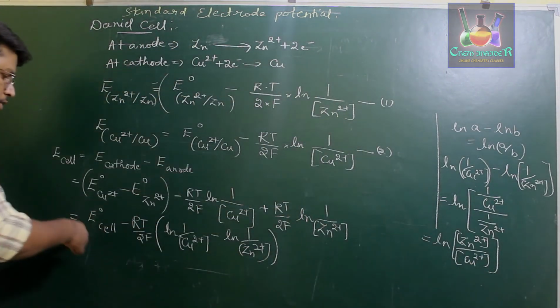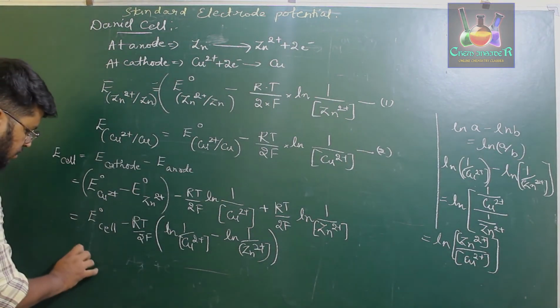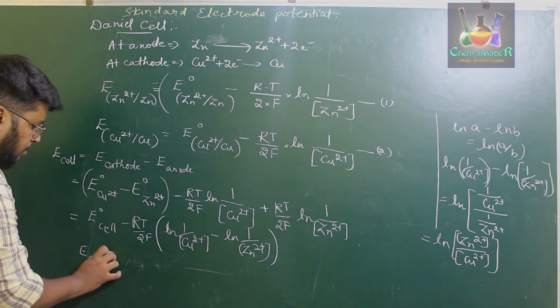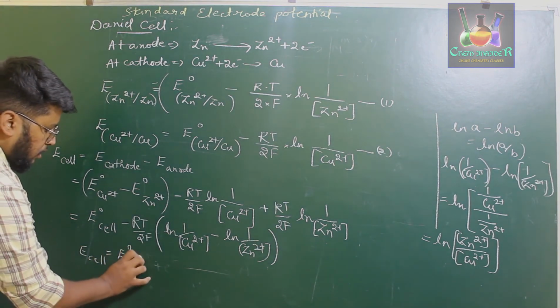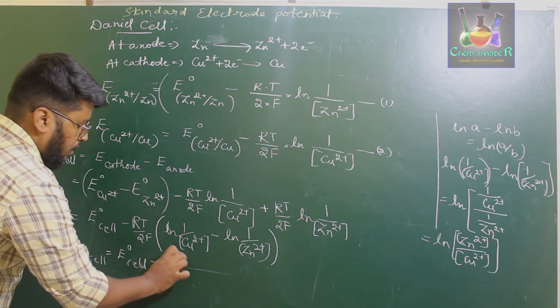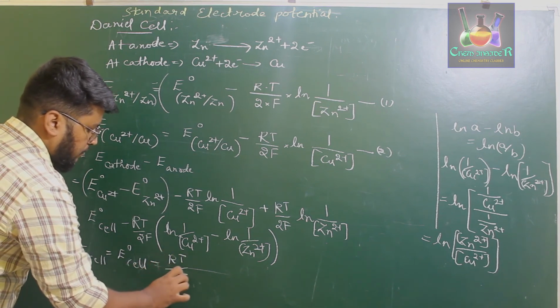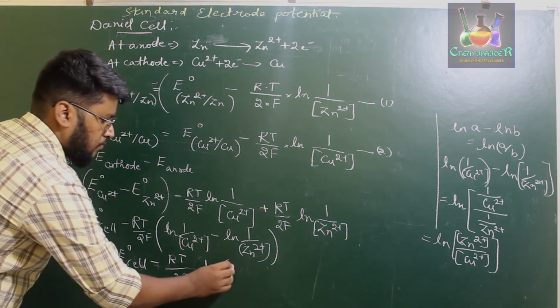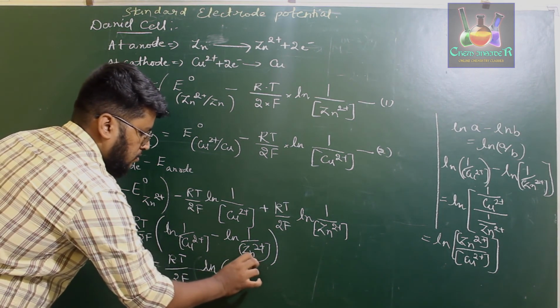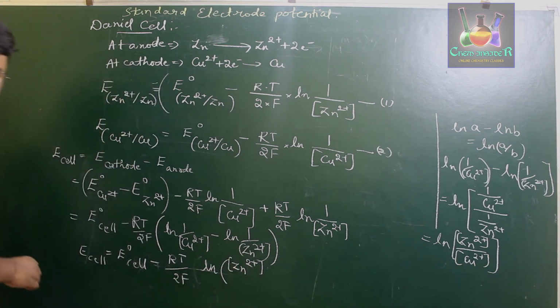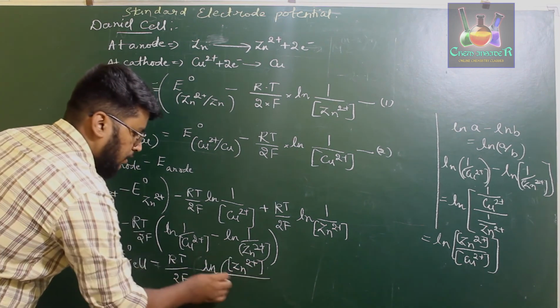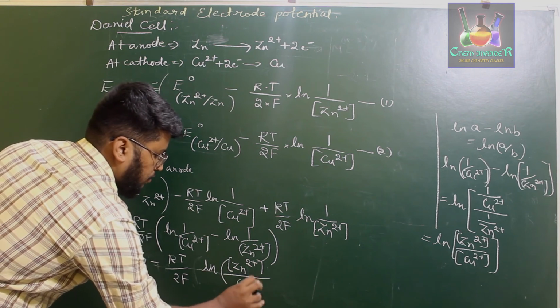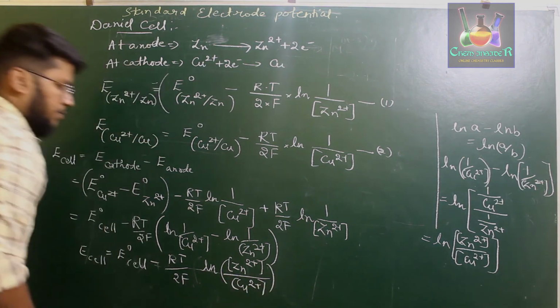So substituting that value over here, we get E cell is equal to E naught of cell minus RT by 2F into ln of Zn2+ ion concentration divided by Cu2+ ion concentration.